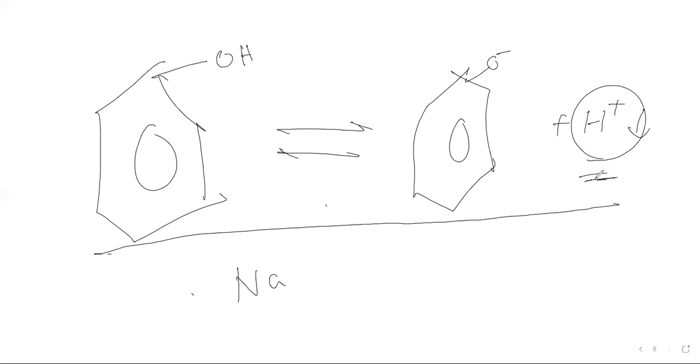Whatever concentration is present there is enough for the sodium to react with the phenol by donating an electron, hence forming a bond with the phenol. That's the simple logic, and for that reason phenol tends to react with sodium.